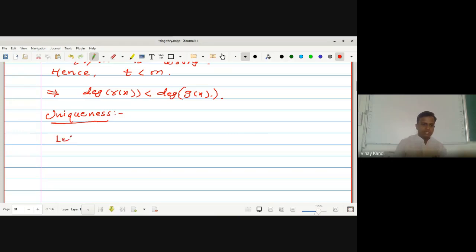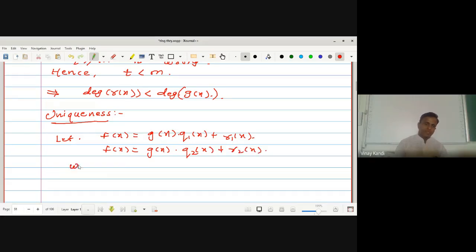For this, let f(x) is equal to g(x) into q1 of x plus r1 of x, and f(x) is equal to g of x into q2 of x plus r2 of x, where q1, q2 and r1, r2 are two polynomials such that degree of r1 of x is less than m, that is the degree of g, and the degree of r2 of x is less than m.